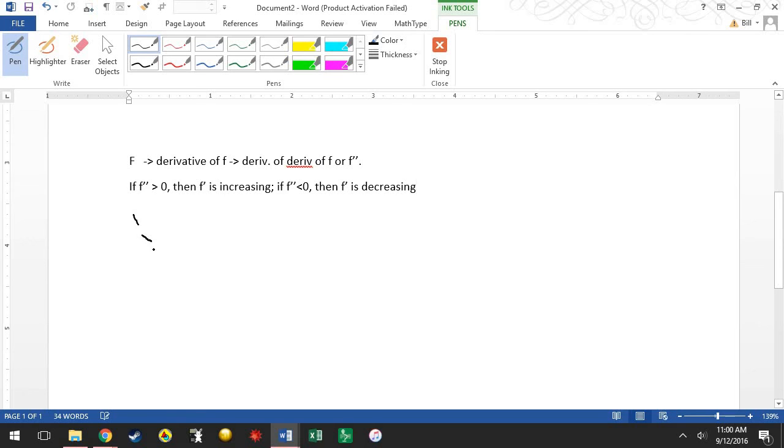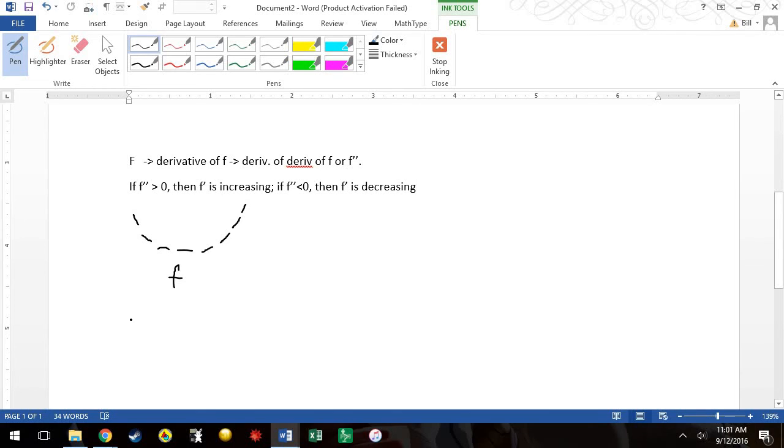So we're getting less negative, and less negative, and less negative. And then maybe we have a 0 slope, and f double prime is still positive, so the slope is still increasing. And then we see this sort of behavior. This is what f would look like if f double prime were positive.